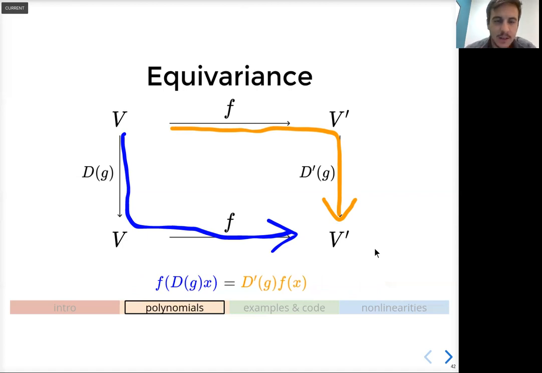One can also say differently that the action of the group commutes with f. But be careful because outside of f, you have to act with D prime that acts on the output space. And inside of f, you have to act with D that acts on the input space of f.